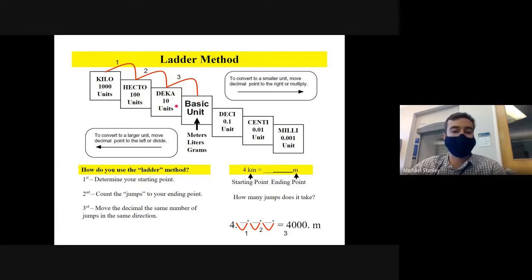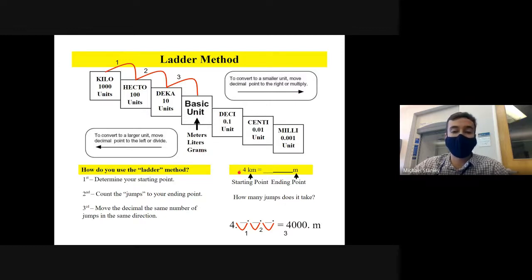So going from kilo to basic, we're moving to the right. Okay, we're going to the right side. And it's going to take us 1, 2, 3 jumps to get here. So that's what these little bumps up here are referring to. We go 1 jump from kilo to hecto, 2 from hecto to deca, and 3 from deca to our ending point, our base unit. So 3 jumps from kilo to the right to go to meters.